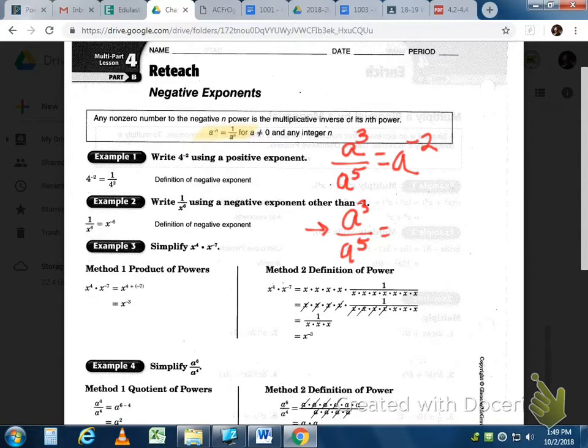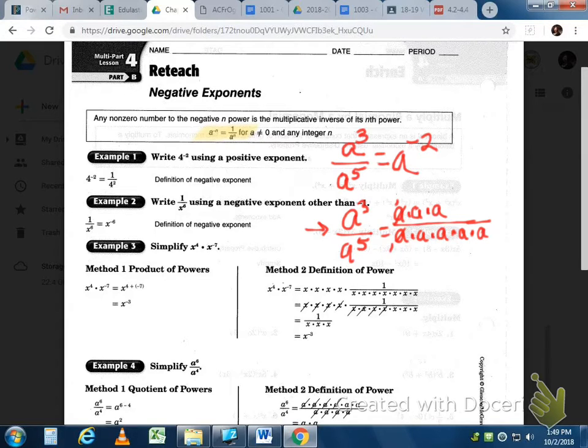Well, I want to show you this one. A to the third means a times a times a, and a to the fifth means a times a times a times a times a. When we simplified fractions, we canceled out the common factors from top to bottom. So these a's would cancel, and wouldn't they leave ones in their place?